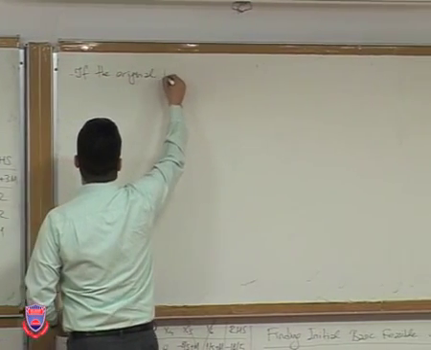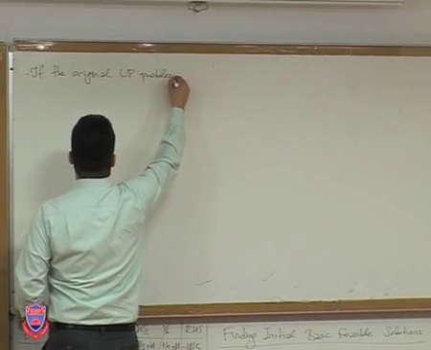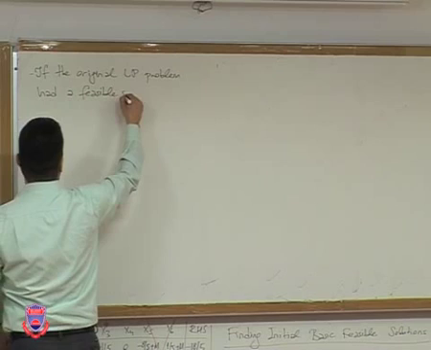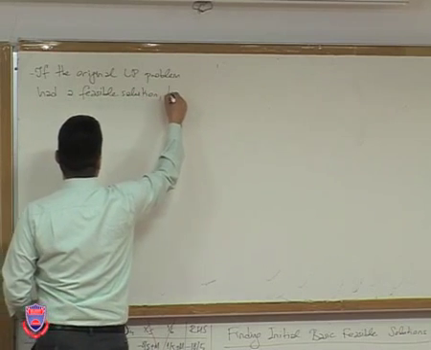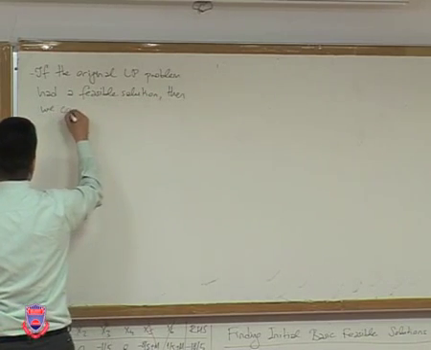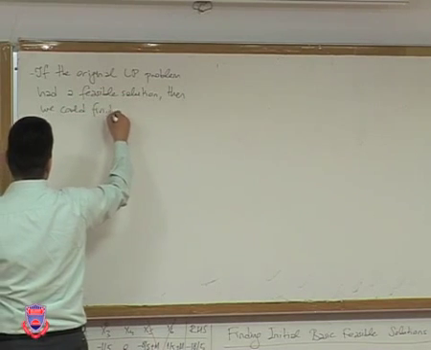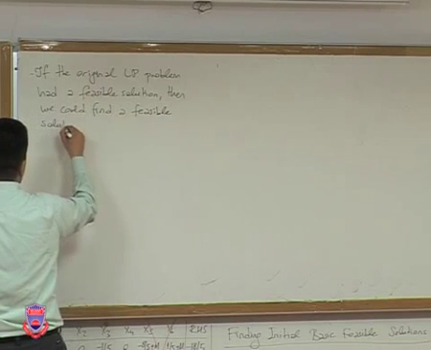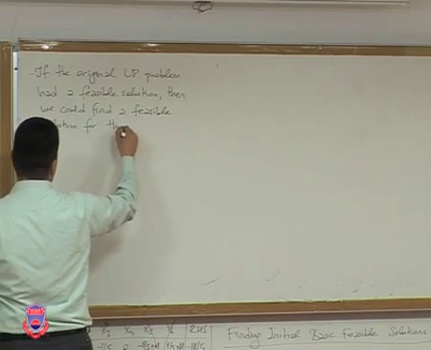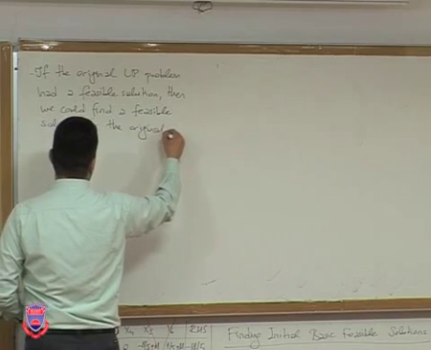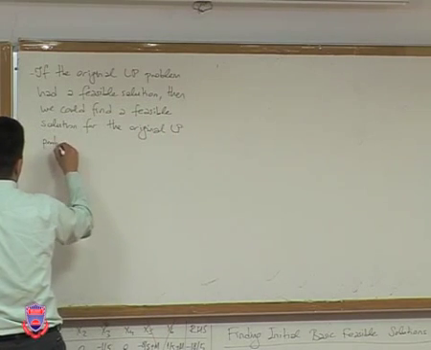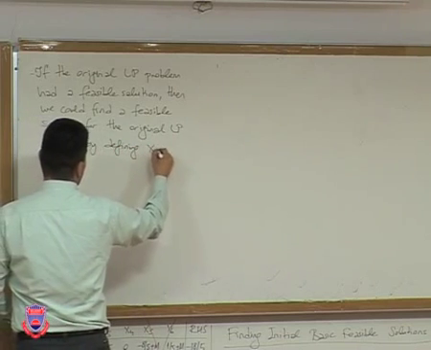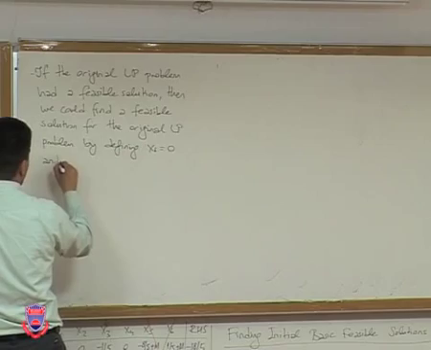If the original LP problem had a feasible solution, then we could find a feasible solution for the original LP problem by defining x6 equals 0 and x7 equals 0.